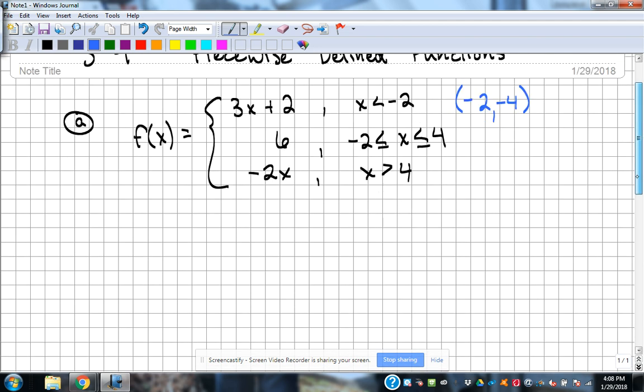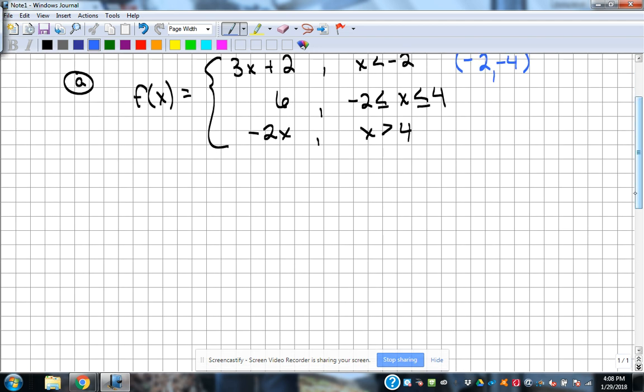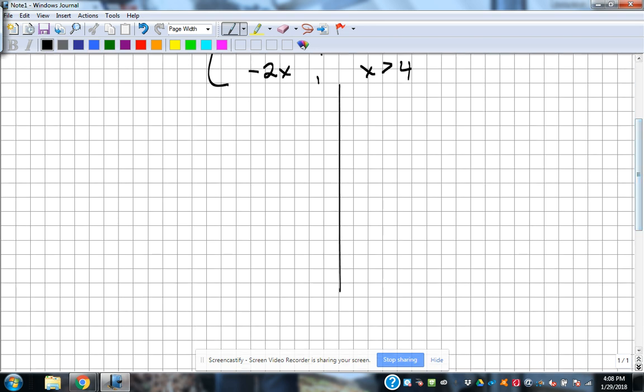So on the coordinate plane, we're going to graph that particular part of the function. Y-axis, I'll do it by hand, and then I'll show you how your graphing calculator can handle this as well.